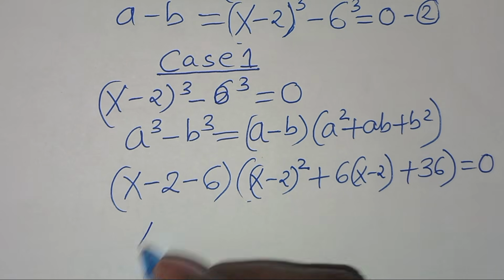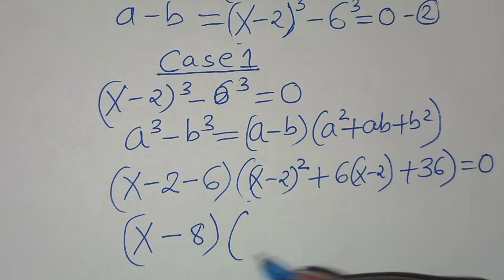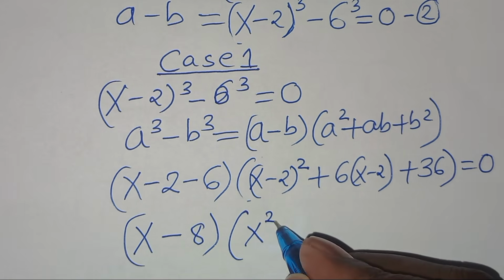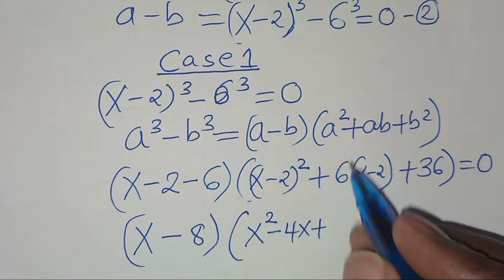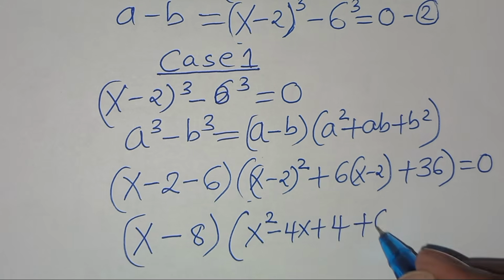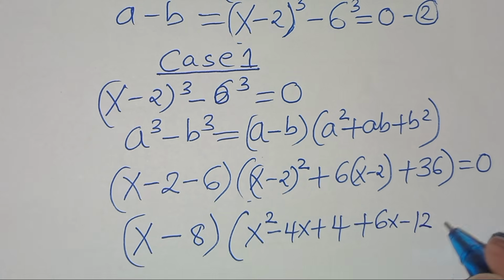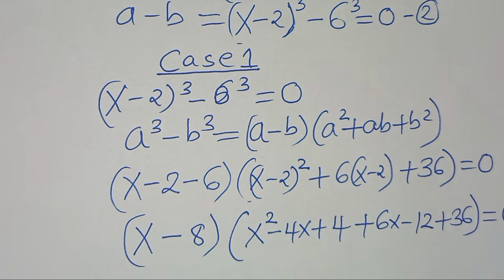So here we'll have x - 8, and then (x - 2)^2, which is the same thing as x squared minus 4x plus (-2)^2, which is 4, then plus 6 times x, this is 6x, subtract 6 times 2, this is 12, plus 36. This is equal to 0.